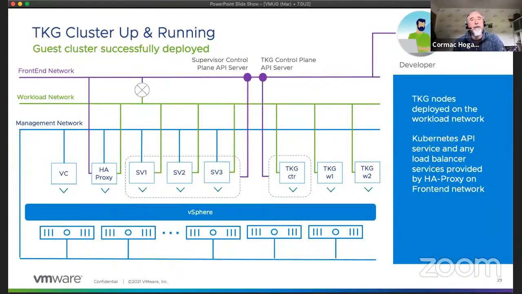Now, you might say, for one node, it probably doesn't make much sense to do that, but this is how Kubernetes works. And of course, you can scale out the control plane, like Frank says, to 3, 5, or even 7. Then it makes a lot more sense to have that load balanced front end, because if one of those nodes fails, it'll be transparent to the developers that are using it.